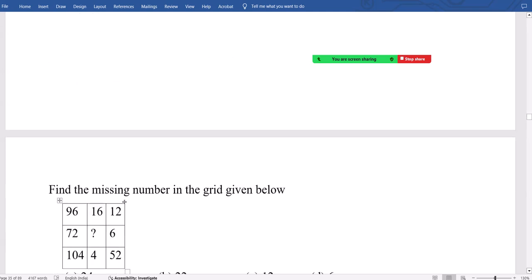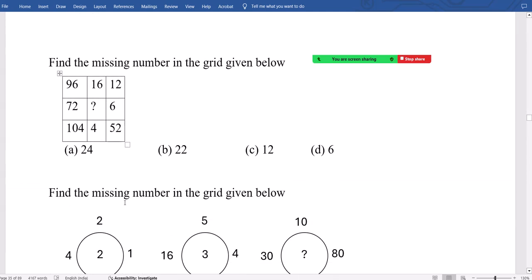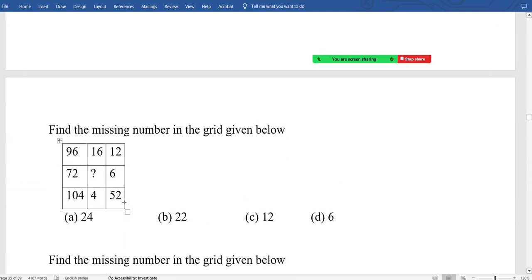Okay, at least this question, next one, this one, 96, 16, 12, 72, question mark 6, 104, 452.